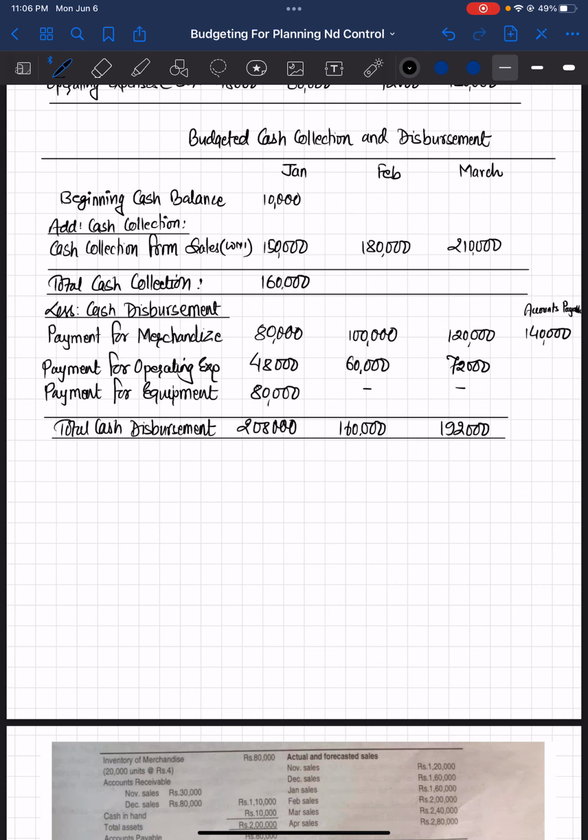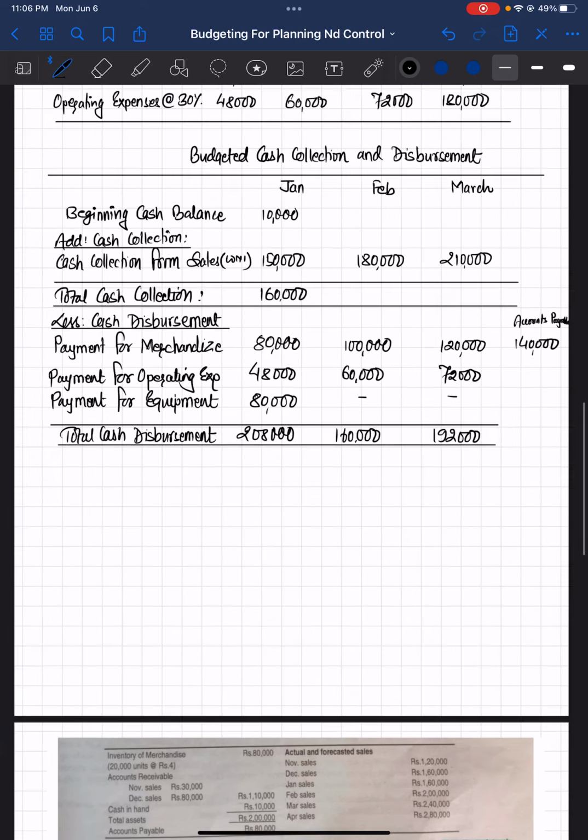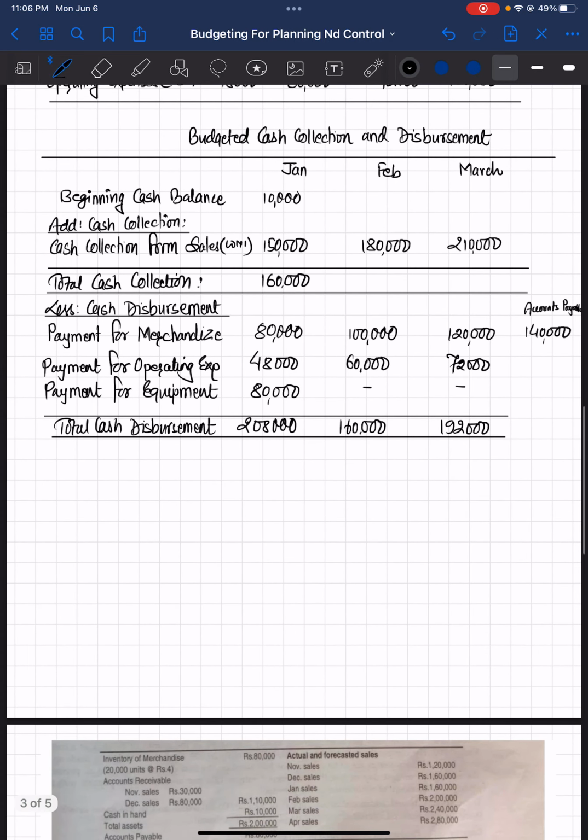All right. So as a simple rule, as we know, if we adjust this cash collection and the cash disbursement, we are going to get the net cash surplus or the deficit. If the total cash collection is more than the cash disbursement, we'll have a surplus.